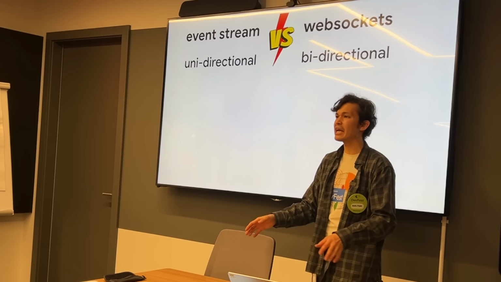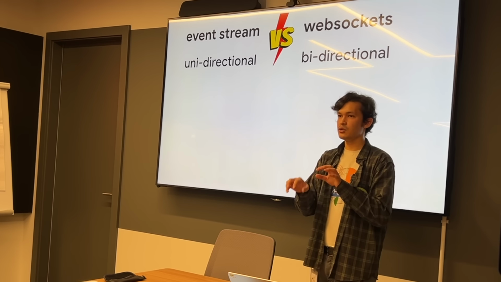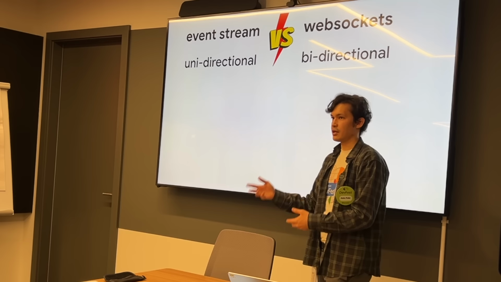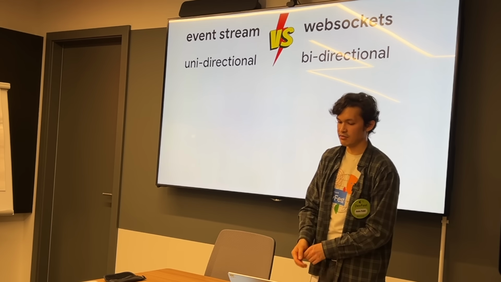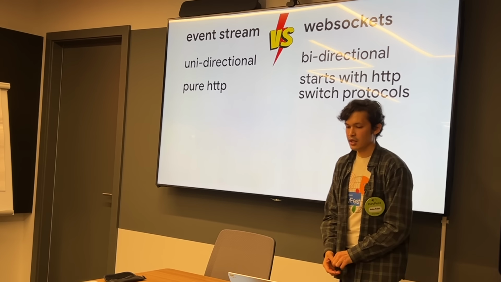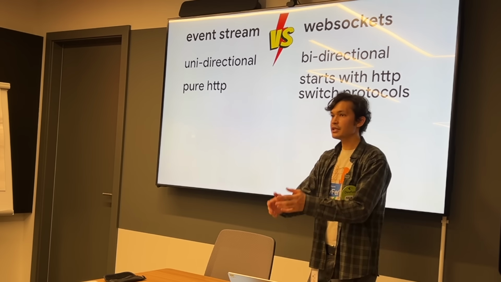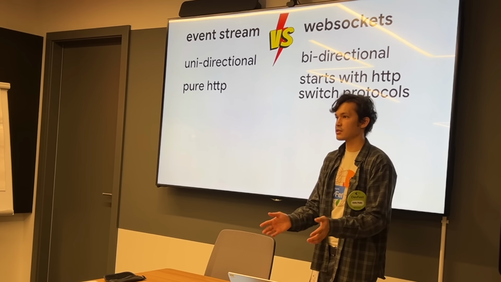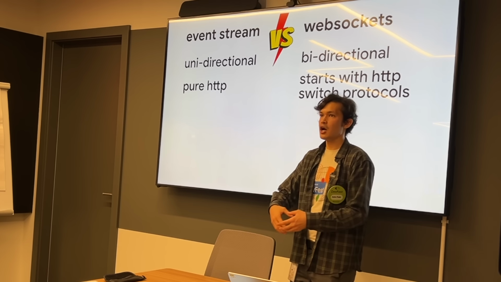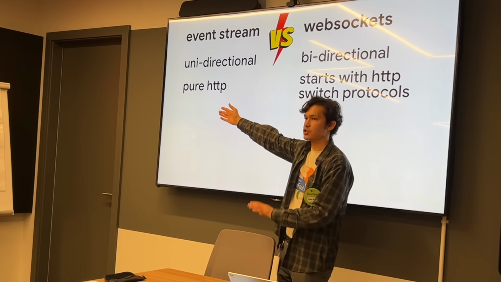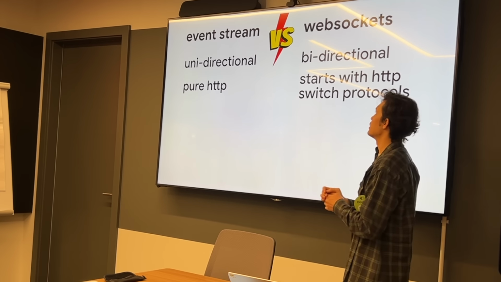If it happens rarely, for example the user interacts rarely but most of the time just receives updates, then you can also use event stream. Event stream is pure HTTP. There's nothing new about it. It's just HTTP requests that keep happening and sending events. There's nothing wrong with using event stream.